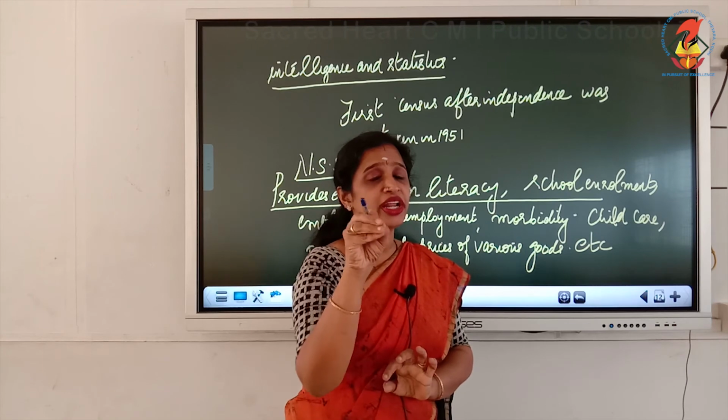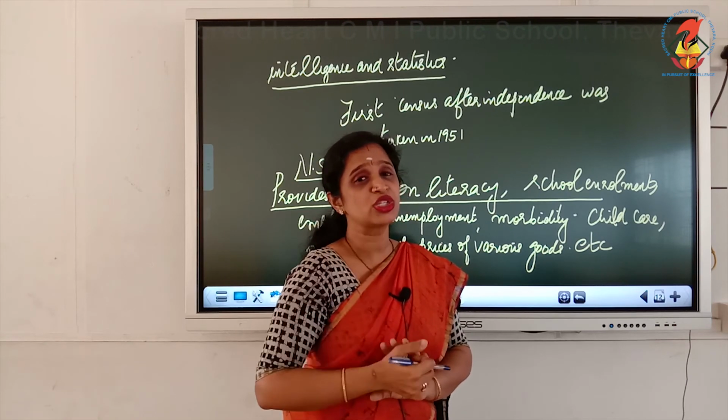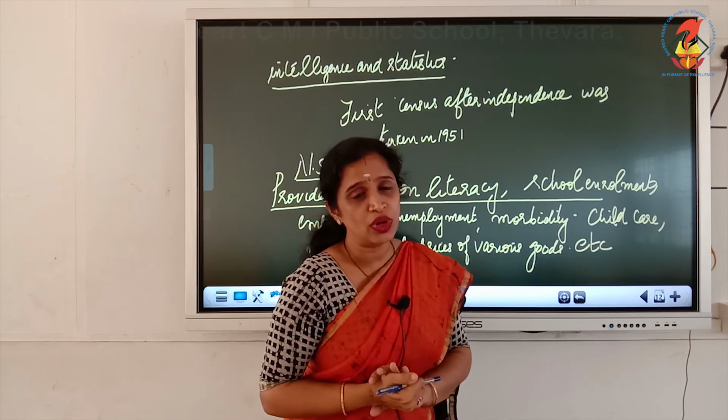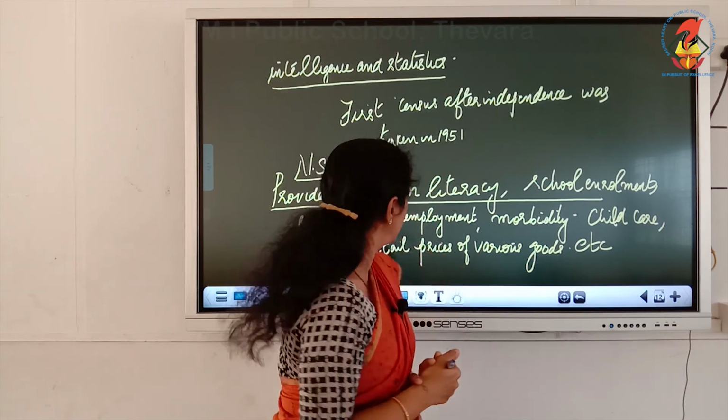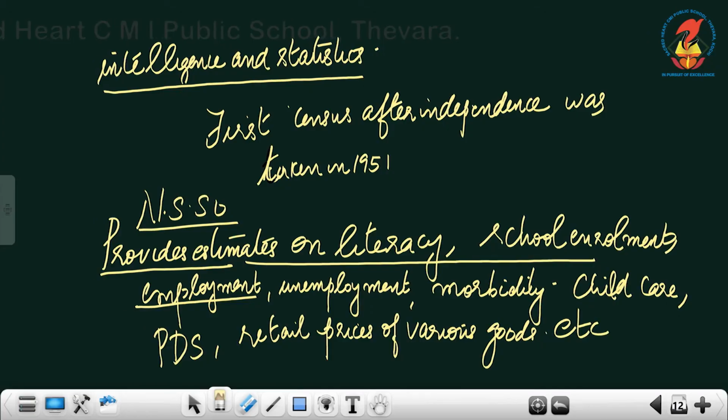How many children are enrolled to the school in a particular academic year, in the beginning of an academic year. Then employment, how many are employed, how many are unemployed in our economy. Then morbidity. What is meant by morbidity? The people who are already affected by diseases.